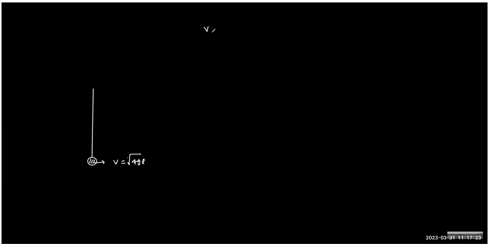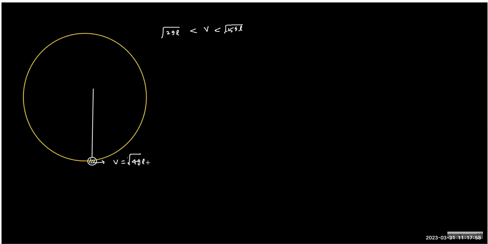You can clearly see 4GL is more than 2GL but less than 5GL. So it is not going to be oscillatory, right? So in which quadrant will it go? If I take this as the first quadrant and this as the second quadrant, it will first go into the second quadrant. And in the second quadrant, at some angle, the tension will become 0.